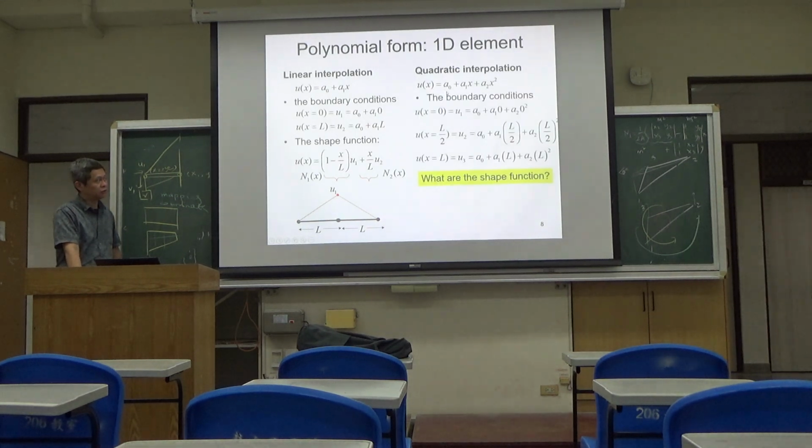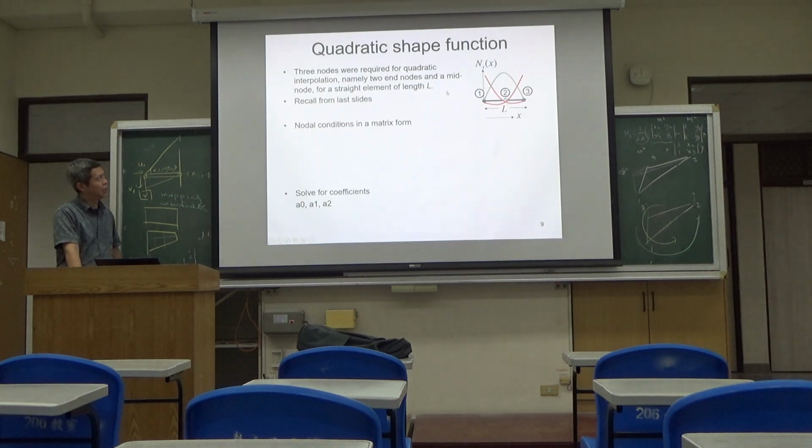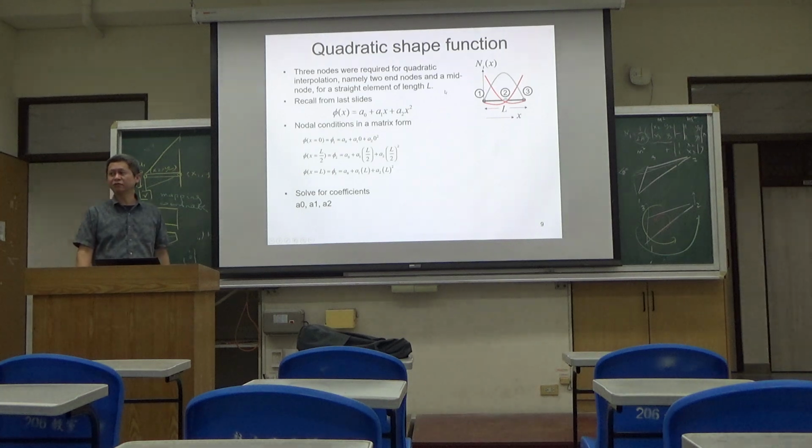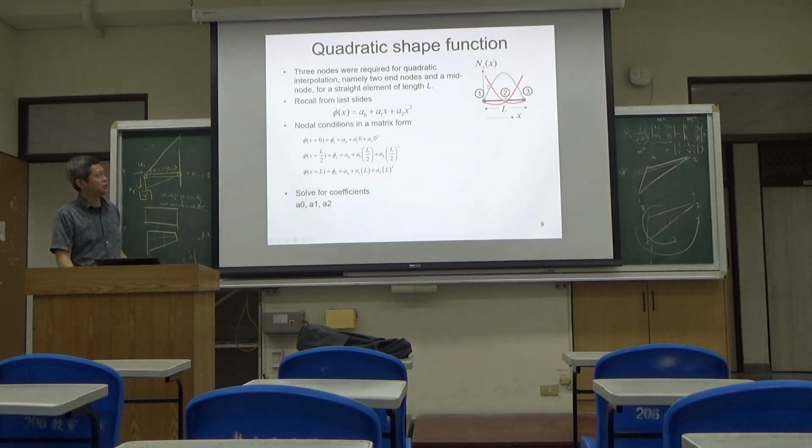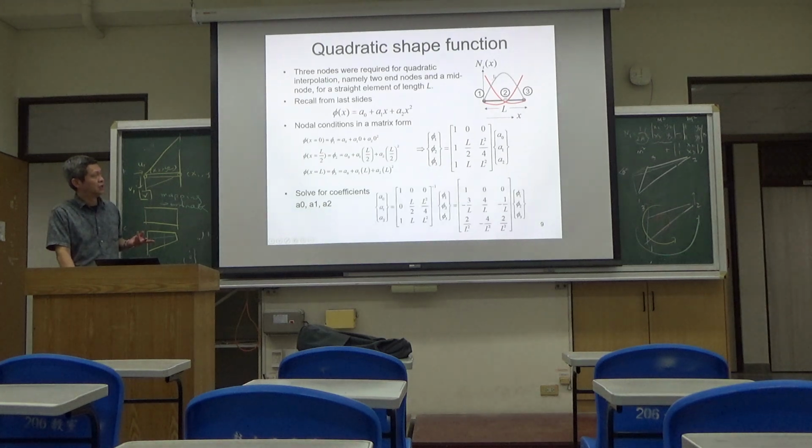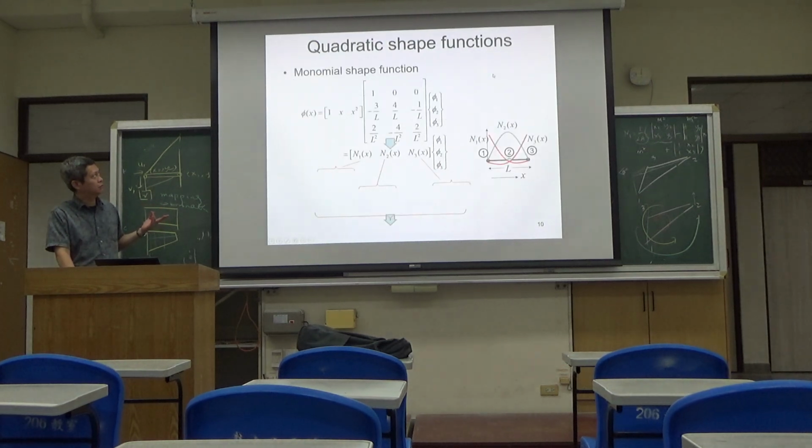I think you already have a framework because you have already done the interpolation of the truss element and beam element. Beam element is naturally a quadratic element. So this is all we have done before. This is how you find the interpolation functions.